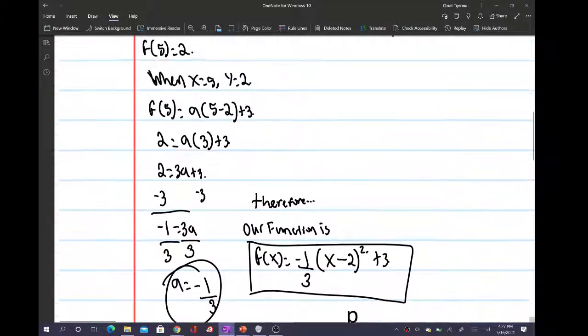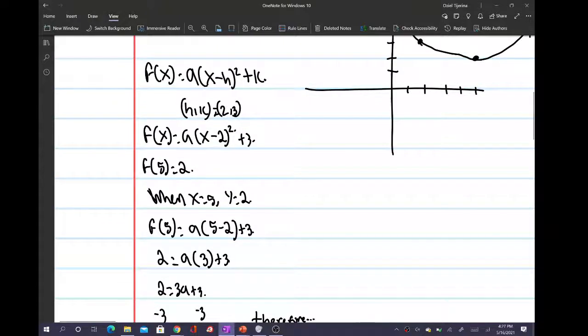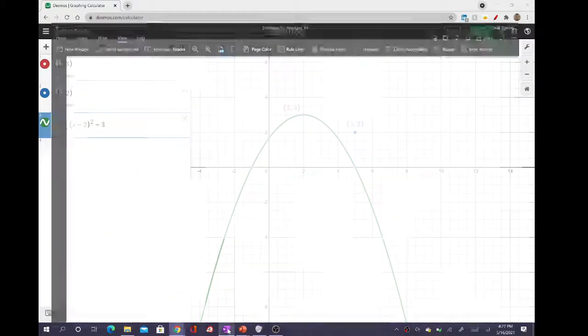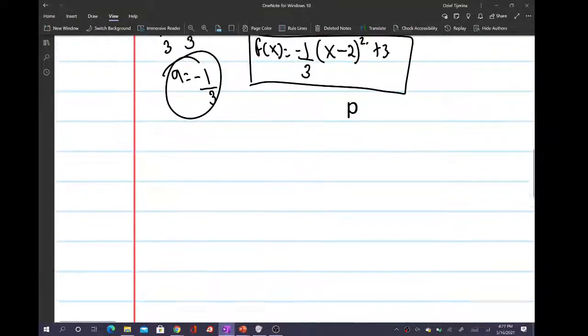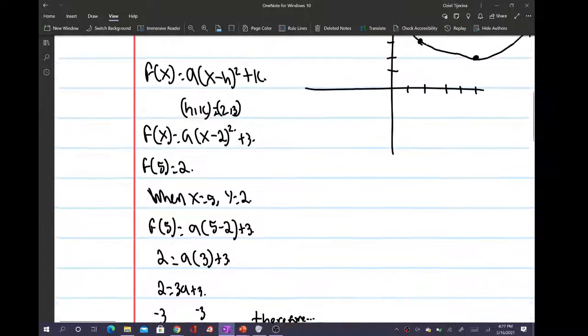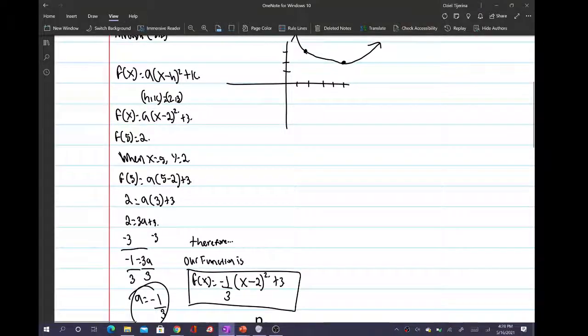Negative 1/3 times x minus 2 squared plus 3. Interesting. Okay. Give me 1 second, guys. Hold on. Okay, I'm sorry. I know what I did wrong. I just caught it. Oh my goodness.